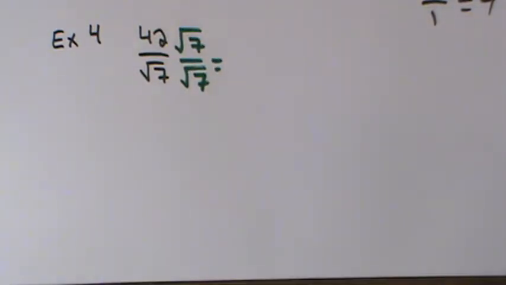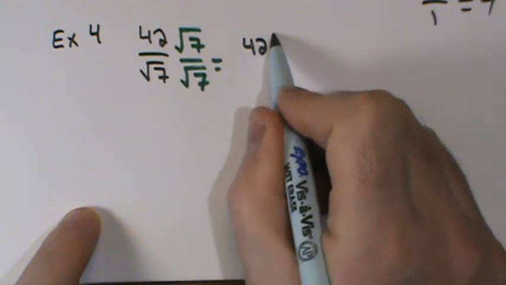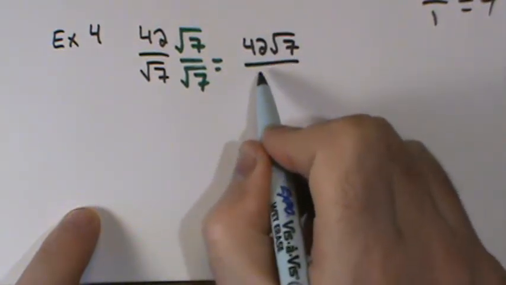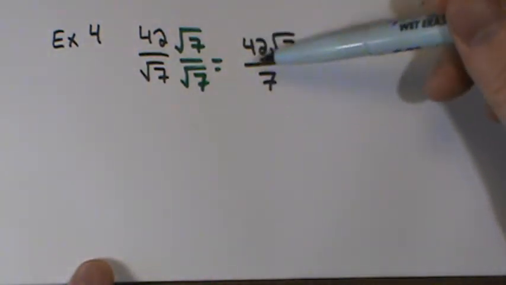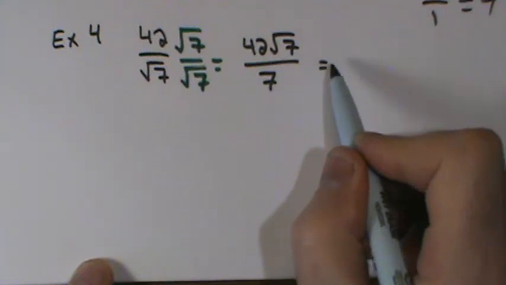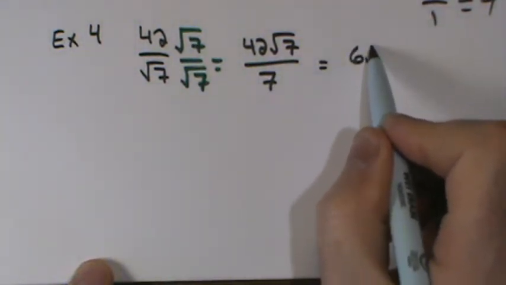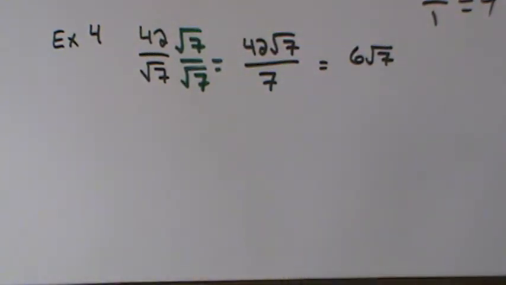This becomes 42 rad 7 over a regular 7. And then once again, I'm looking for that opportunity to cancel or reduce. This does reduce, and so I can call this a 6 rad 7 over 1, which would just be 6 rad 7.